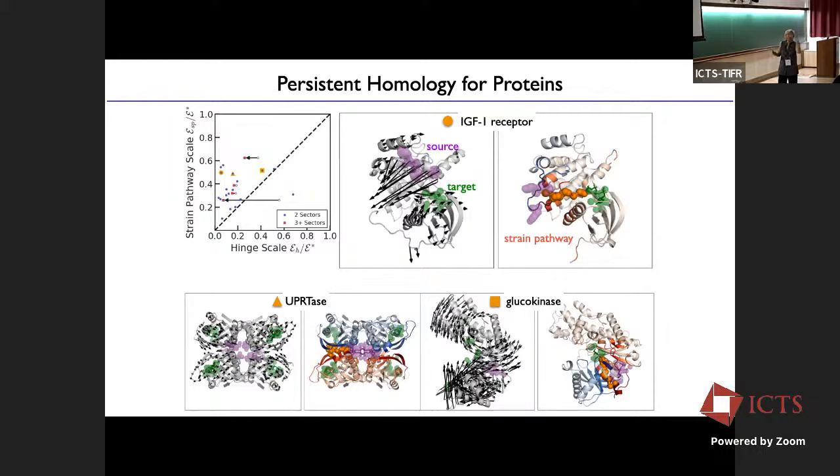Some of them have these very floppy regions, but these very floppy regions turn out to have nothing to do with the function. They're just floppy regions. If you go to the next most significant thing, you get over here, and that corresponds to the actual target. So these are 2 that are corrected that way. So you can find this. It does actually work for proteins.